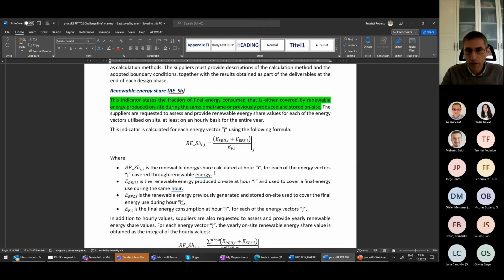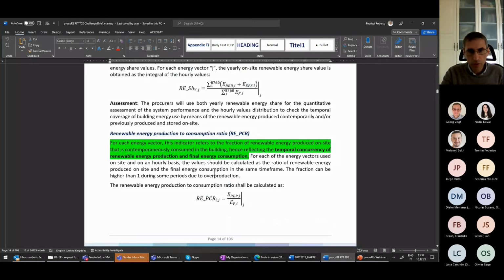So again, how much of the final energy of the building for each of the vectors, thermal and electric, is covered by the renewable energy that is produced directly in that hour of the day, or previously stored and then used during that hour of the day. Okay.